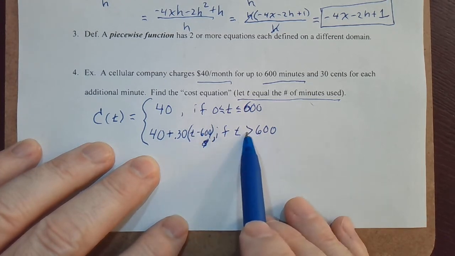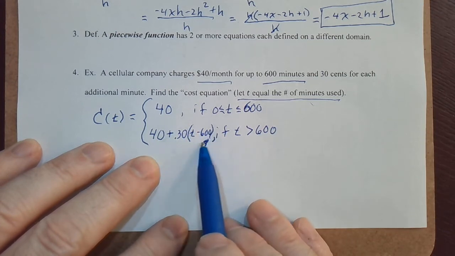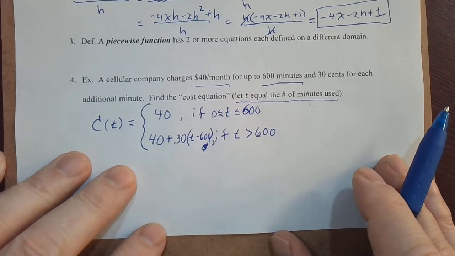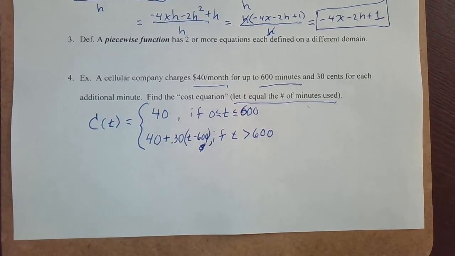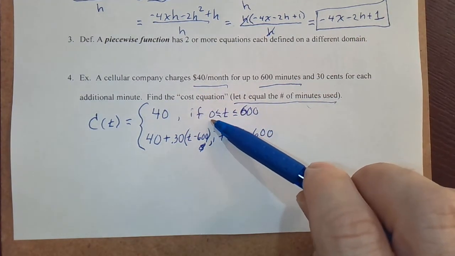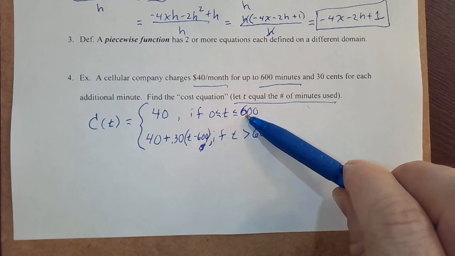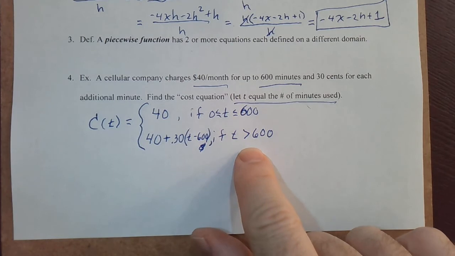And again, since t is bigger than 600, we know this is a positive number. Okay, so that's just a nice example of what's called a piecewise function. We had to define it here for the case where t is between 0 and 600 inclusive, and then in a different way for when t is bigger than 600.